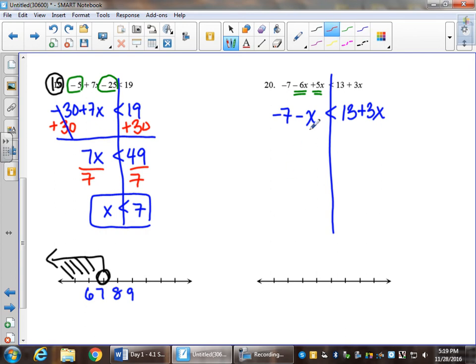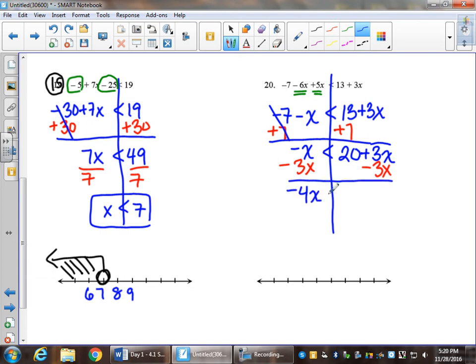If I just want variables on the left side, this -7, I will move first. 13 plus 7 is 20, and I bring down the +3x. On the right side, I just want numbers, so this variable can't stay. So I'll subtract that over. -3x minus 3x.